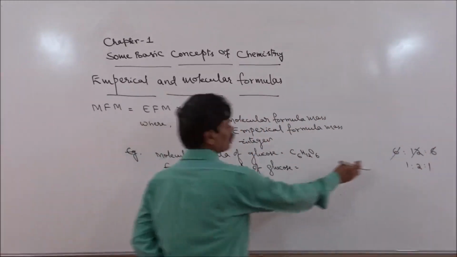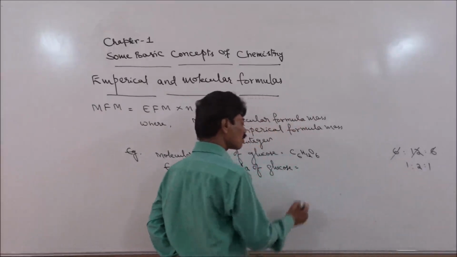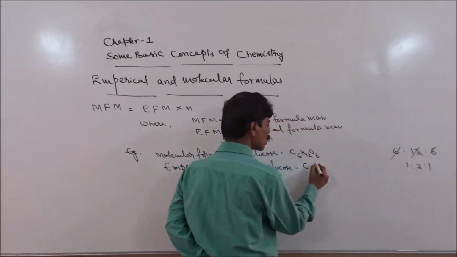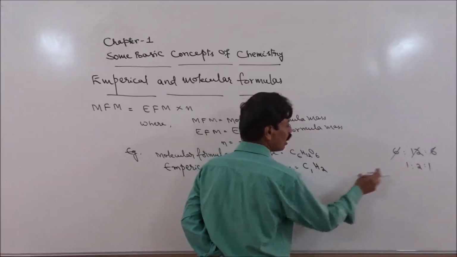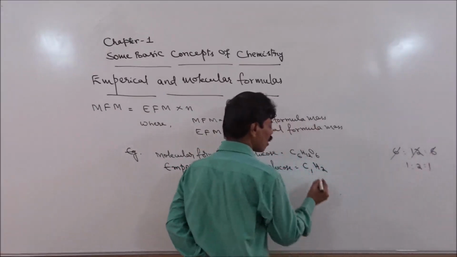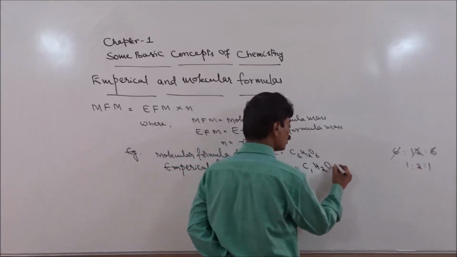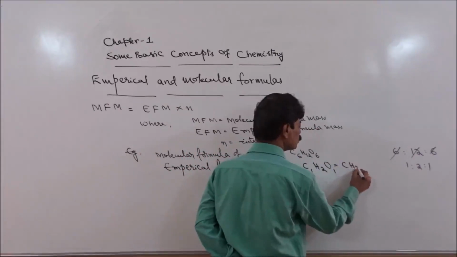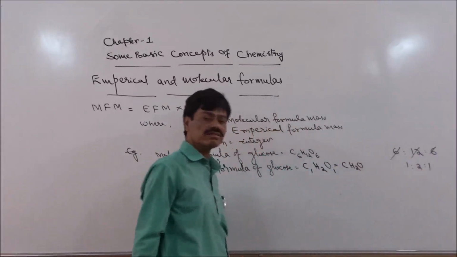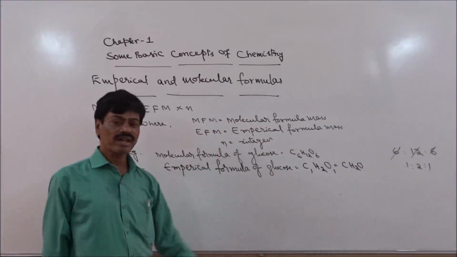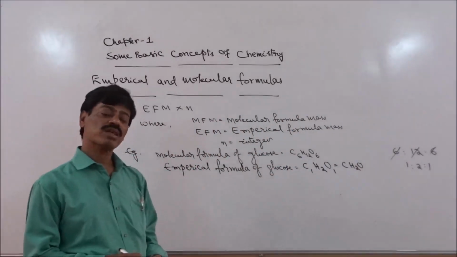So 1 represents the carbon atom, 2 represents hydrogen, and 1 represents oxygen. So C1H2O1 or CH2O is the empirical formula of glucose. That's how we get the empirical formula from the molecular formula.